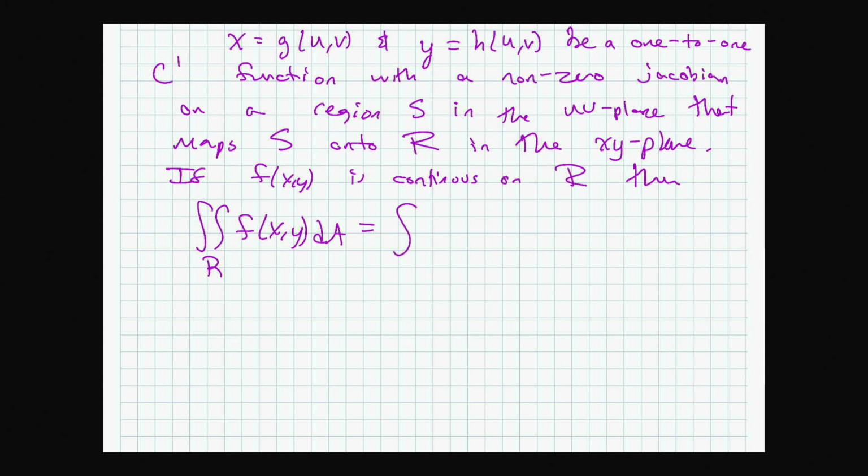You're going to change it into an integral over S. And what you're going to have to do is plug in what x is in terms of u and v, what y is in terms of u and v, and then your dA turns into the Jacobian du dv.